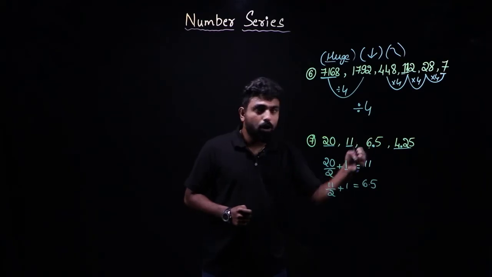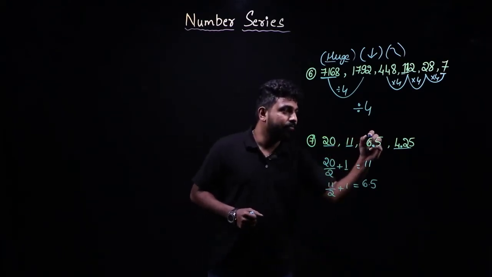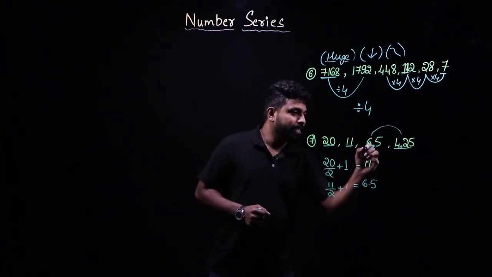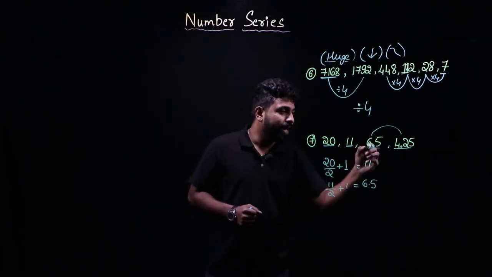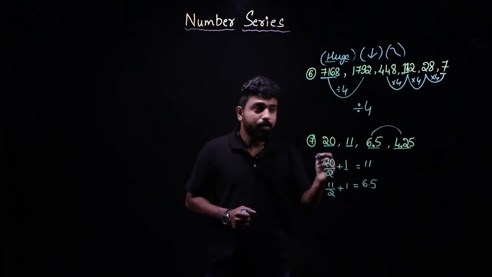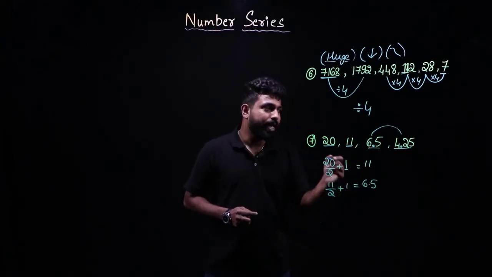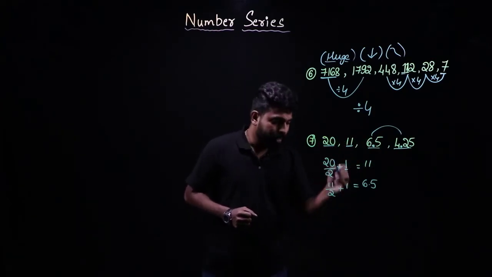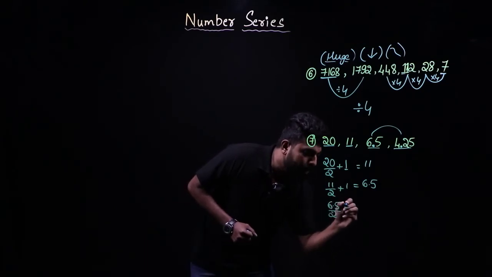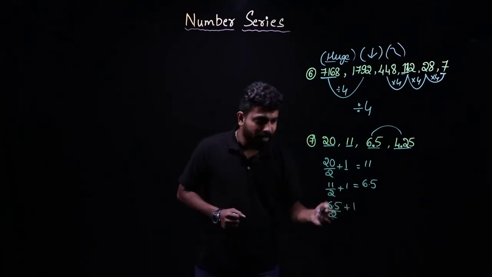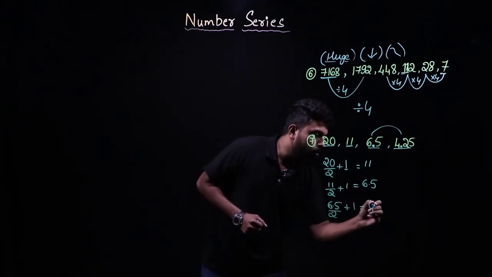Let me check whether the same logic applies further as well. Let me take 6.5 and divide it by 2. What do I get? If I divide 6.5 by 2, I get 3.25. So 6.5 divided by 2 is 3.25, plus 1 is 4.25.